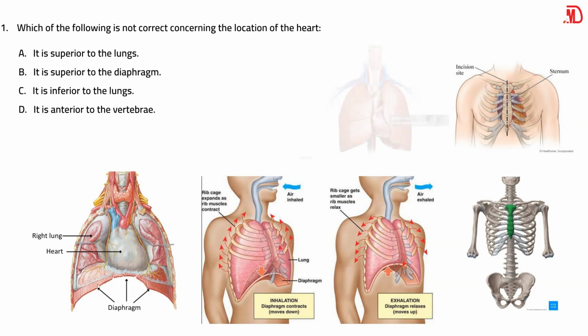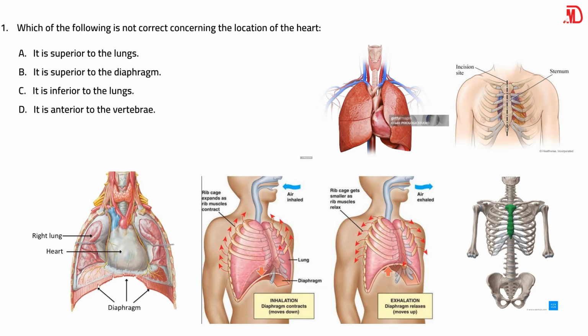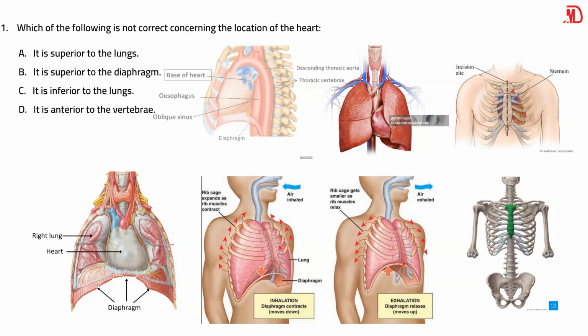The heart is in between the lungs inferiorly and more to the left side. The heart is anterior or ventral to the vertebral column or the vertebra. The correct answer is therefore A.